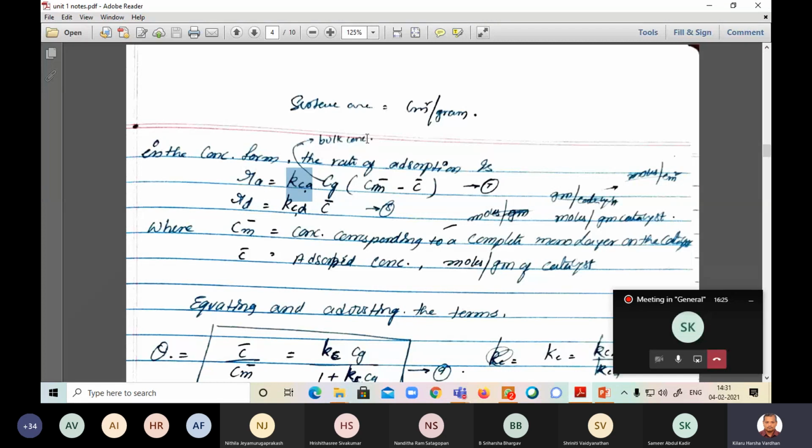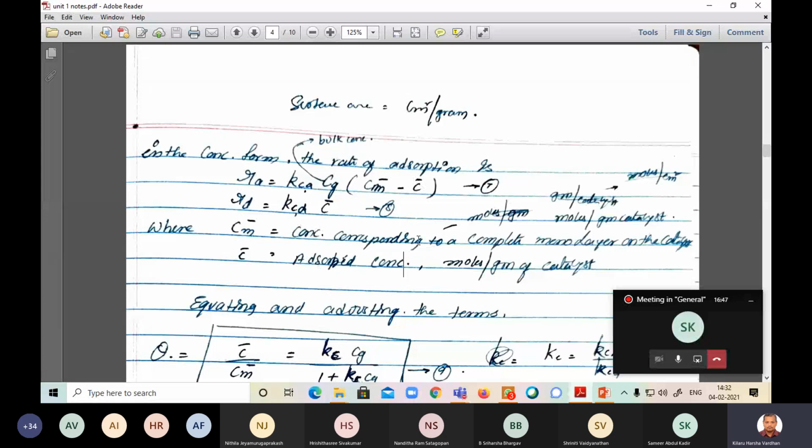Cg is nothing but the bulk concentration, into Cm bar minus C bar. The bar is just to tell it is concentrations, right? So Cm bar is the concentration of the monolayer, minus C bar, which is the adsorbed concentration.